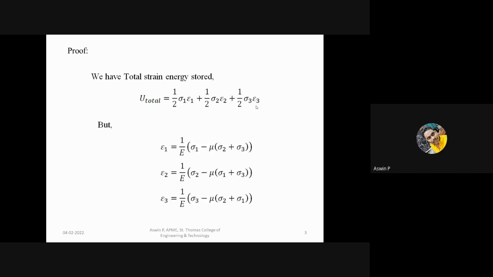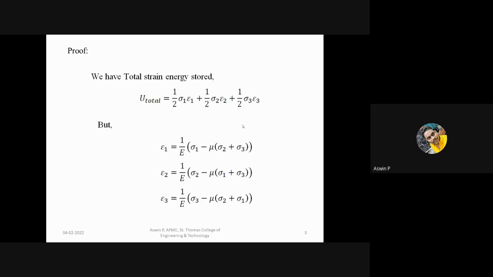So you need to know what strain is. The strain equation for a triaxial system is given like this. This equation can be seen in the previous problem, the principal strain theory. In that theory we have the epsilon max equation.